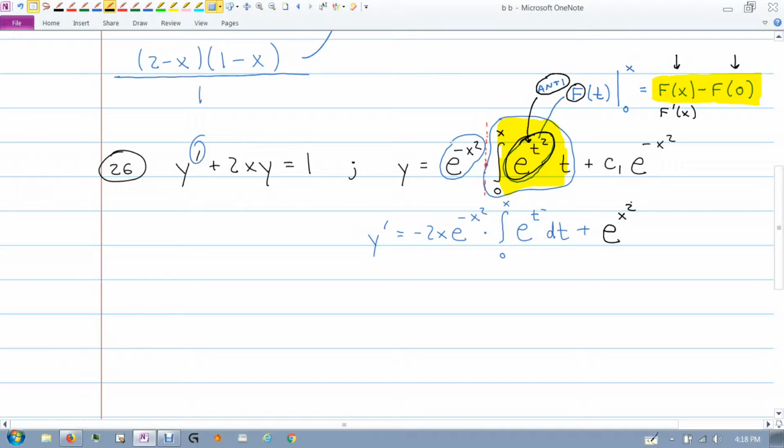Yes, it would. And then you'd need to go minus the derivative of this. Now this, on the other hand, is a constant, because you're plugging 0 into a function and it spits out a number. The derivative of a constant is 0, so you would have plus 0 here. And that would be the derivative of this.